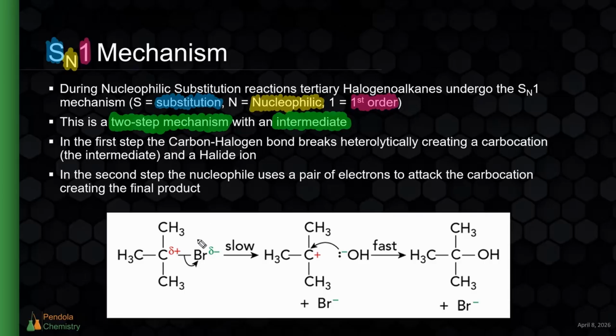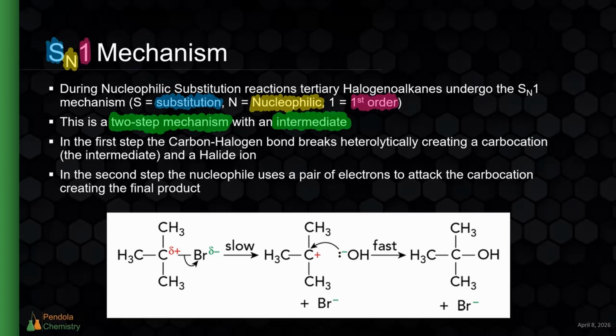So in the two steps of the SN1 mechanism, we're essentially having the exact same thing that happened in the SN2 mechanism happen, but we split up the two steps. So instead of the nucleophile attacking and the halogen leaving at the same time, we have those two steps happen separately.